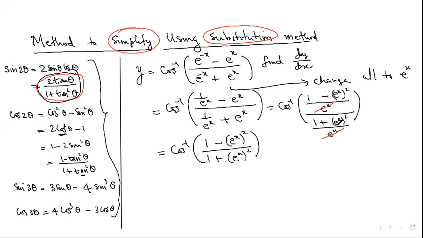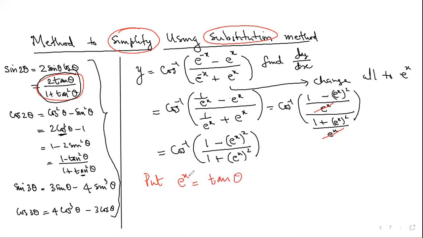Austin, what is the substitution? 1 minus tan square theta upon 1 plus tan square theta. So what are you going to replace? What does substitution mean? What you are replacing by what? E raised to x by tan theta. Yes, put e raised to x equal to tan theta.